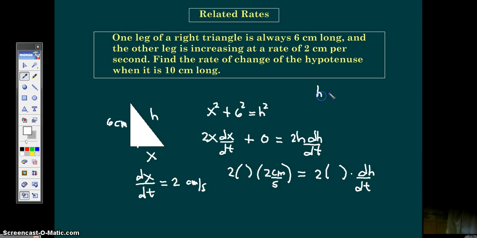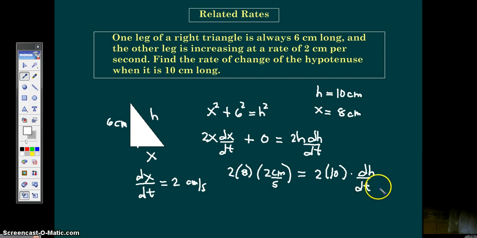Therefore, at that moment, h is 10 centimeters. So we should put here 10. And what is x at that moment when h is 10? x squared plus 6 squared equals 10 squared. That will be 100. So x squared is 100 minus 36 or 64. So x is 8 cm. So you should put here 8.